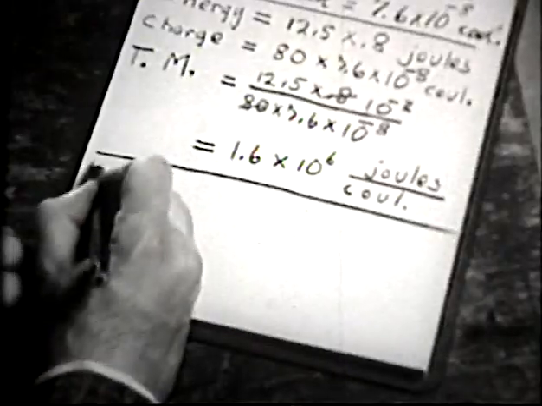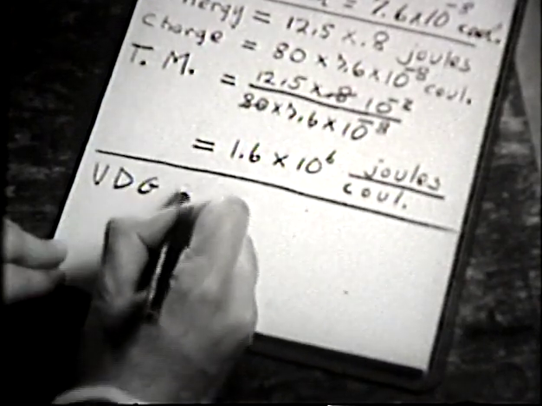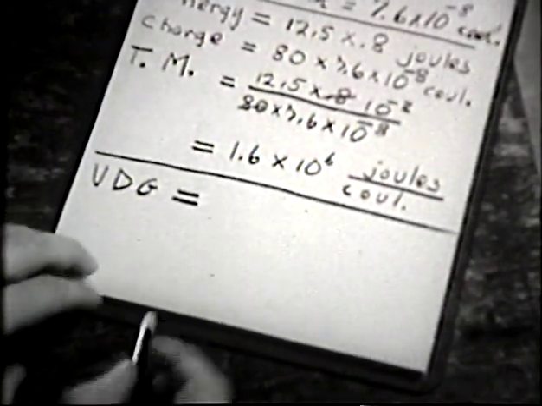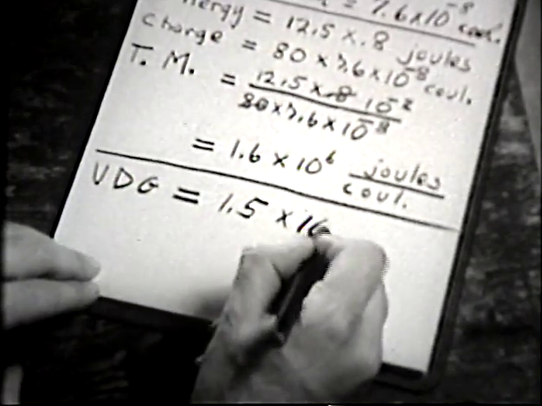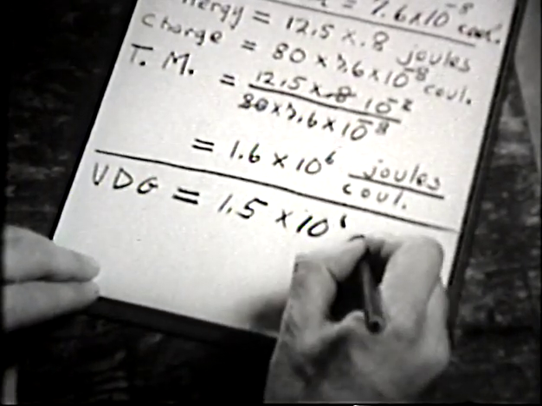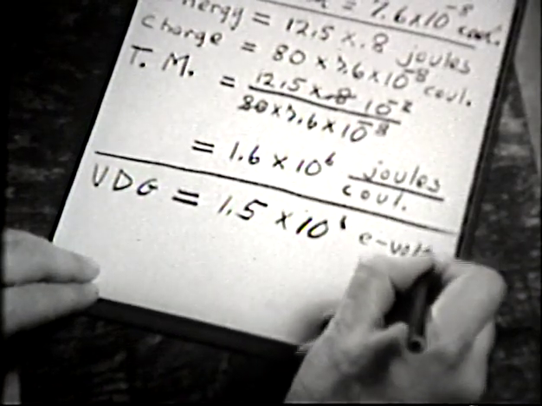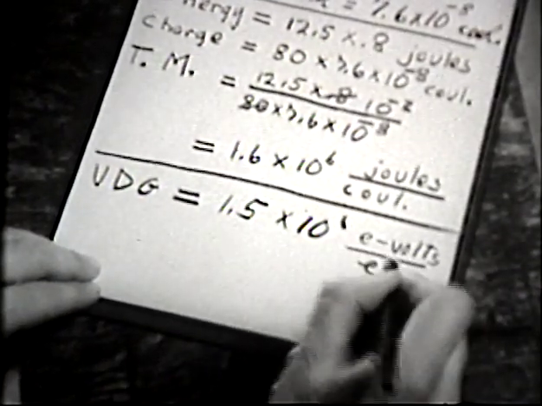Now, what did we think we had? According to the voltage reading of the Van de Graaff, the energy of the electrons was 1.5 times 10 to the 6th electron volts per electron.